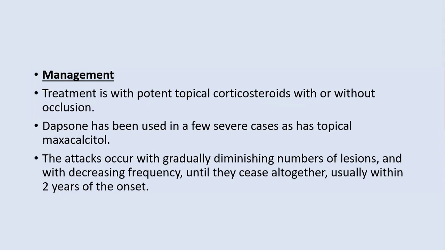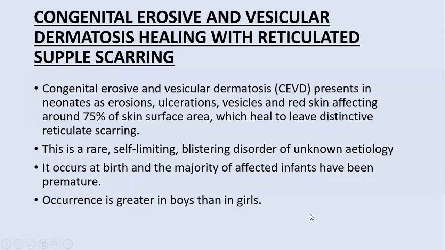Management is with potent topical corticosteroids with or without occlusion, dapsone in a few cases, and topical calcitriol. The attacks occur with gradually diminishing number of lesions and decreasing frequency until they cease altogether, but it may take a few months or even 2 years.